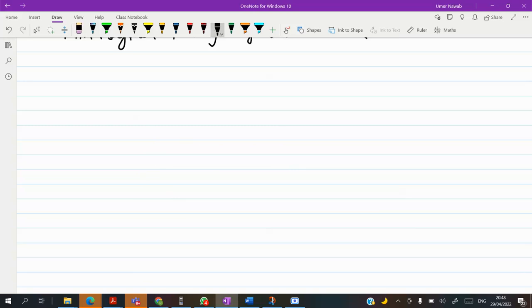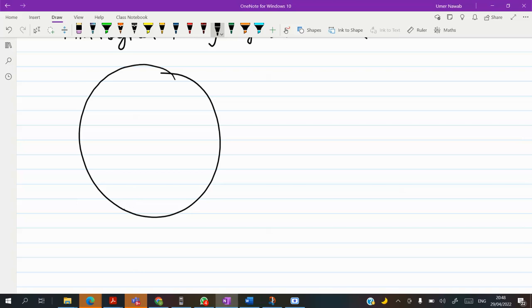Another property, boys, that if you have a circle and you have a chord here and you have a center, if you drop a perpendicular on this chord, then it cuts the chord into two equal halves.